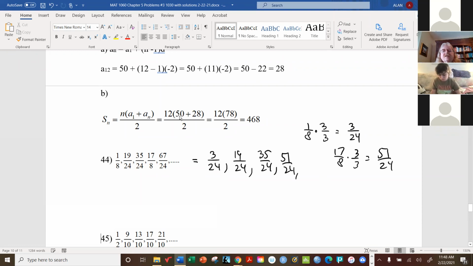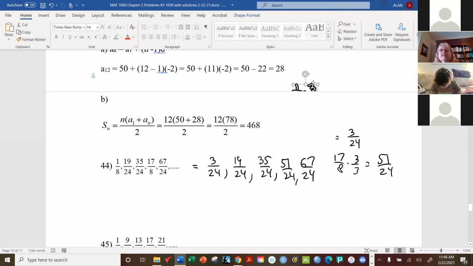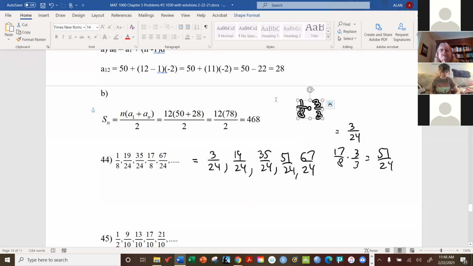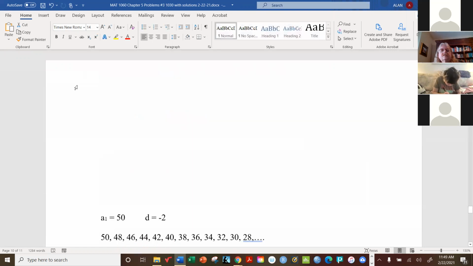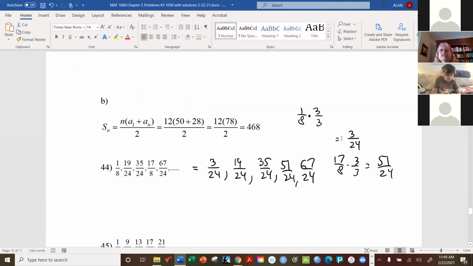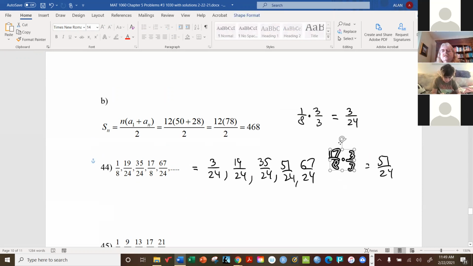And then finally we have 67 24ths. And let's see if I can move these. Yeah, I'm running out of space here a little bit, but I just want to get these out of the way.